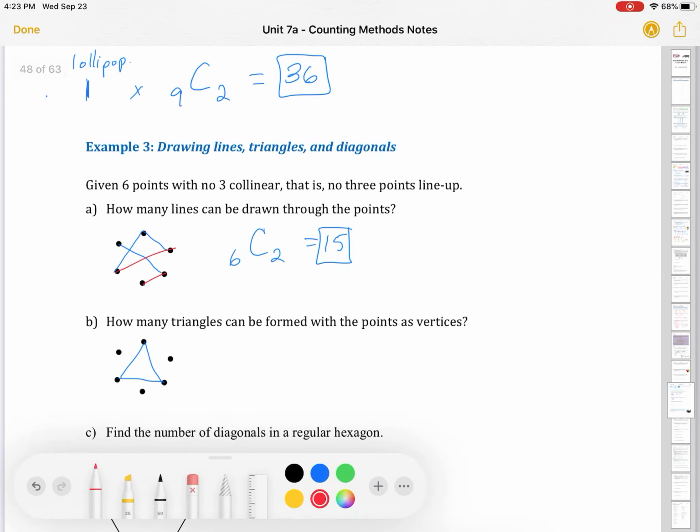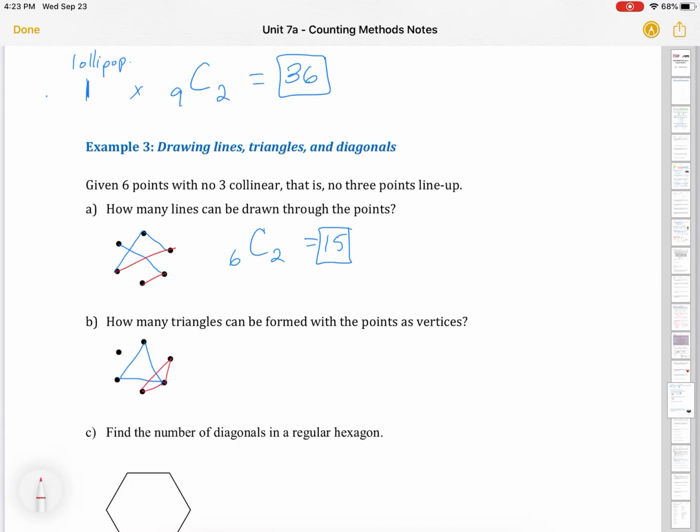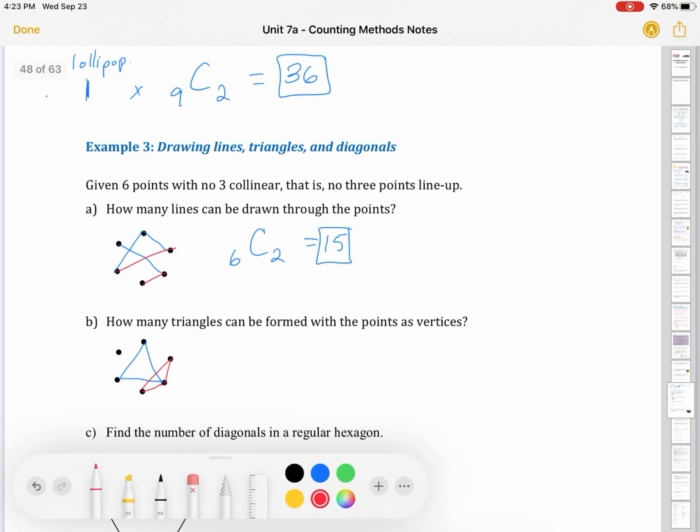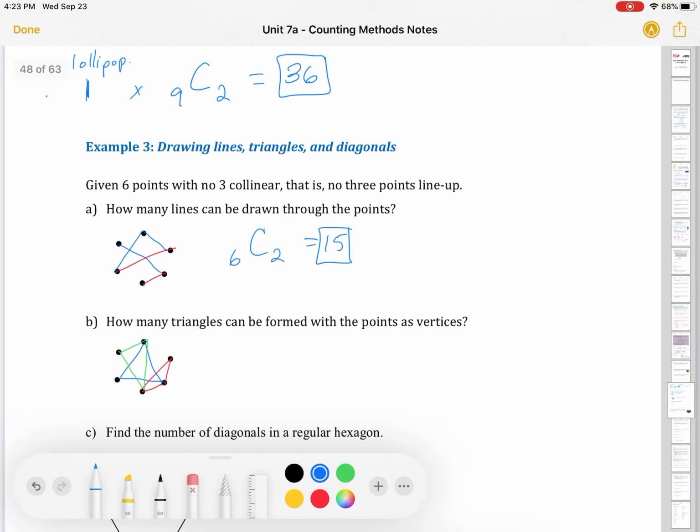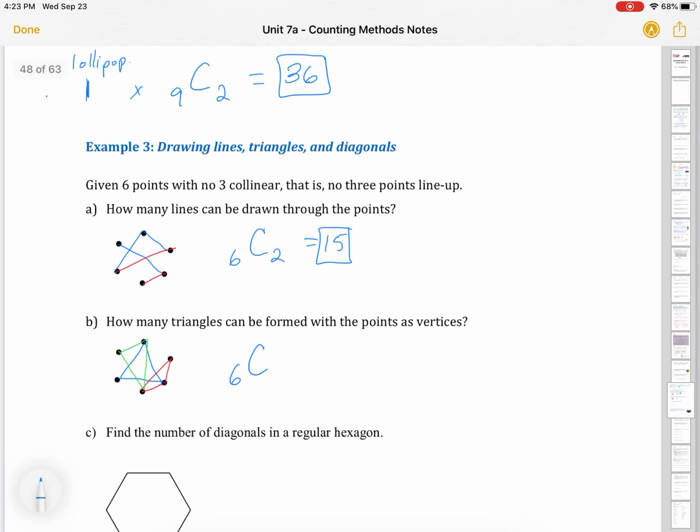The next question says, how many triangles can be formed with points as vertices? So if we are making a triangle, we are now using 3 points. And it doesn't matter where we do those 3 points, but we're connecting 3 points, right?